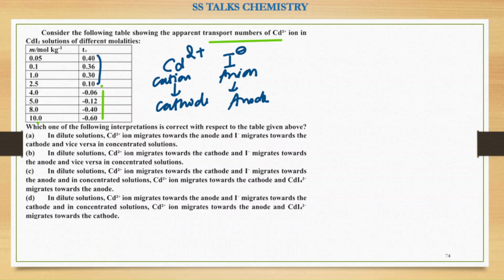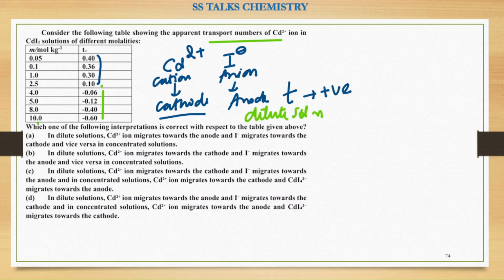So when the Cd2+ is going to the cathode and the I- is going to the anode, the transport number values are going to be positive, and that you are observing in the dilute solutions.